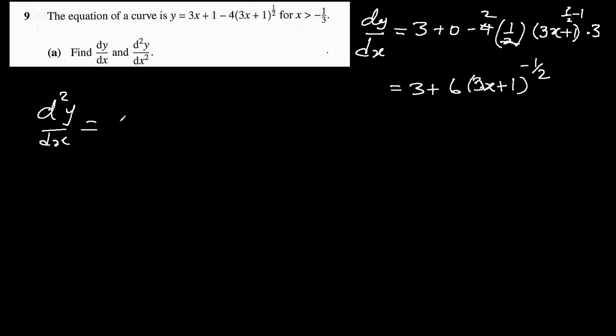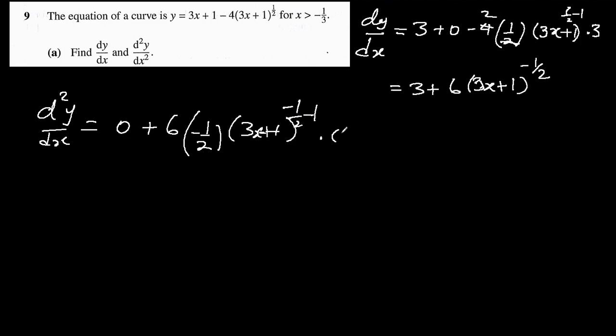Derivative of 3, 0. And same thing happens with this one, which is minus half comes in front. And then we have 3x plus 1 to the power minus half minus 1, and we multiply this further by the differentiation of contents of bracket, which is just 3.